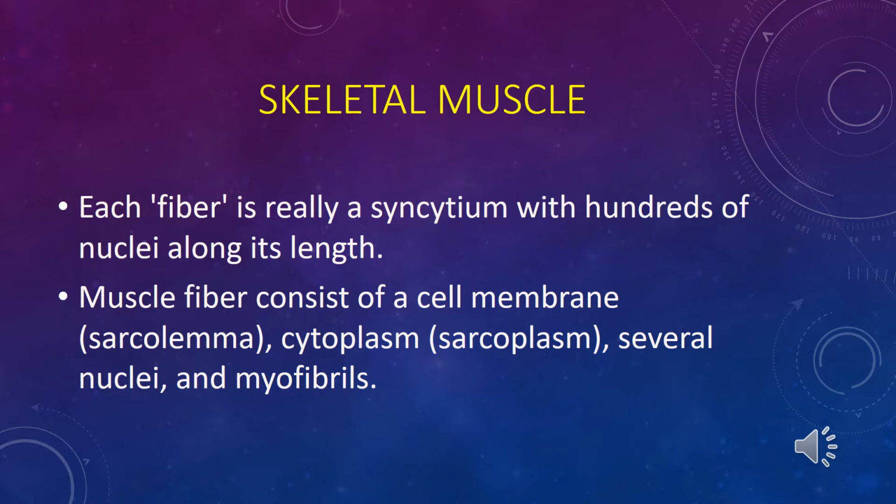In general, that is the sarcolemma. Sarcoplasm is the cytoplasm of the fiber, and in sarcoplasm there are many glycogen inclusions, and also myofibrils, which include myosin and actin filaments inside.